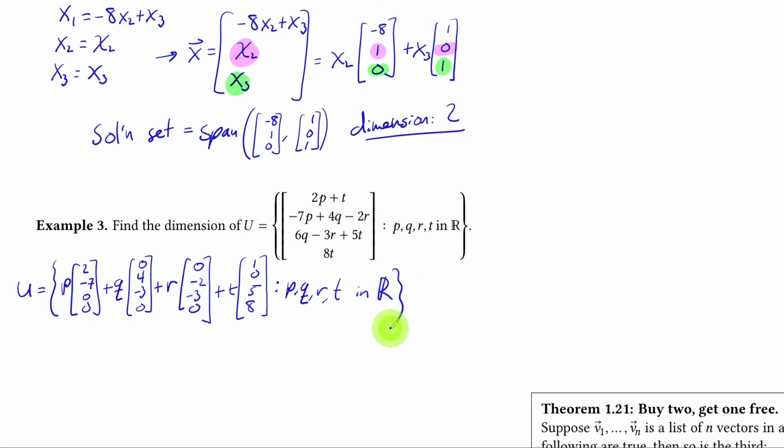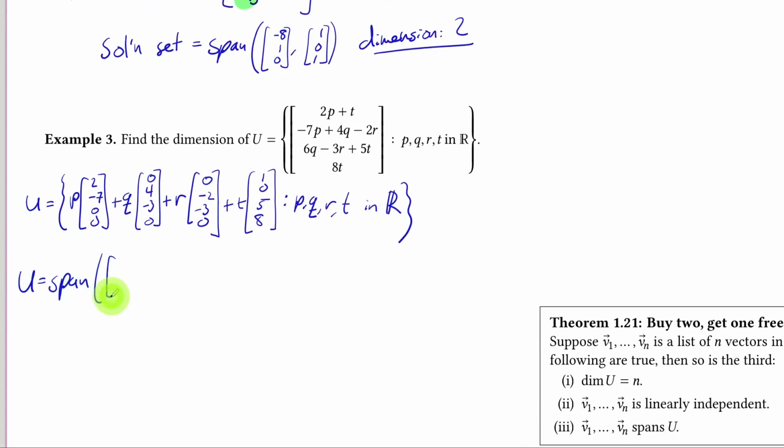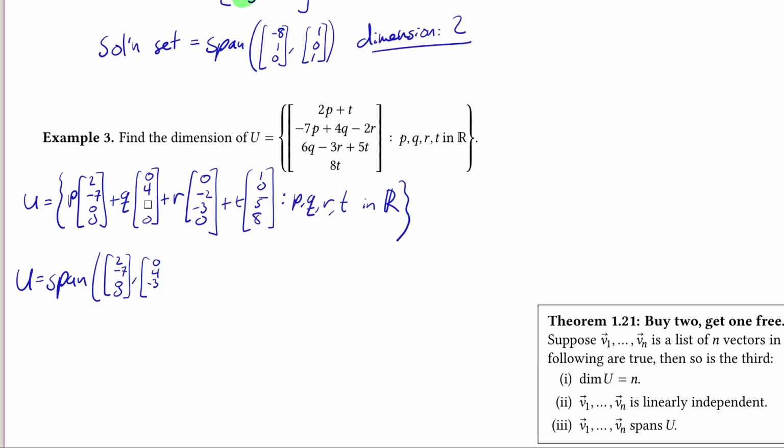So we could write it like this. So U, in other words, is the span of these four vectors. Oh, that was a mistake. That should have been a 4, 6, 4q and 6q there. Okay.